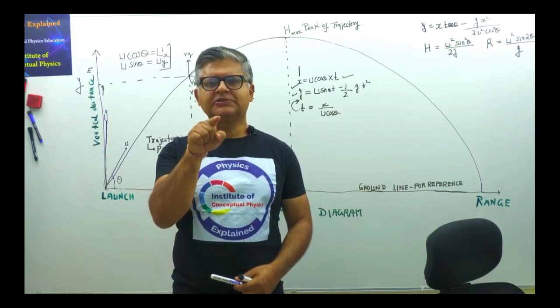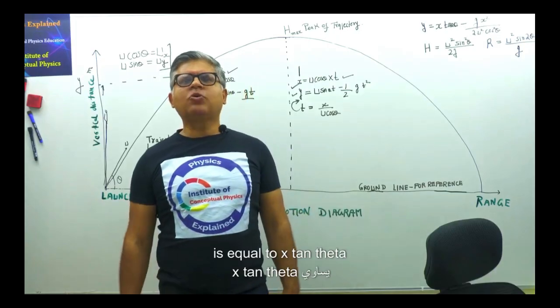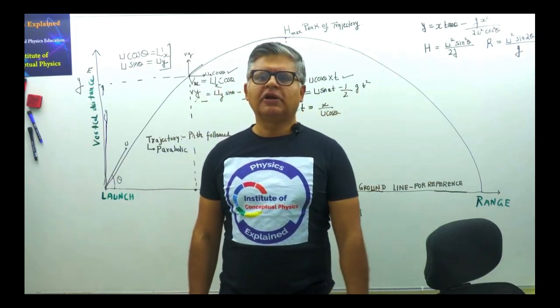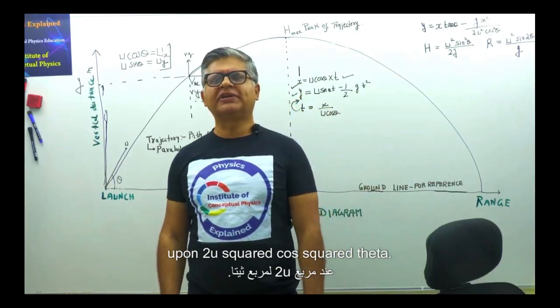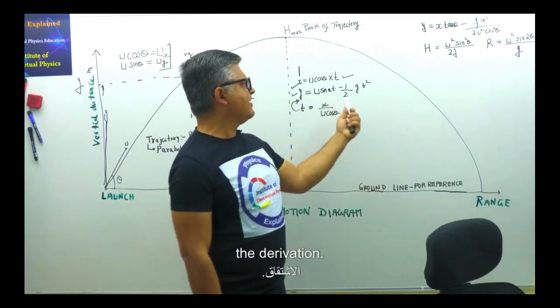That equation is this: y is equal to x tan theta minus g x square upon 2u square cos square theta. Memorize this and understand the derivation.